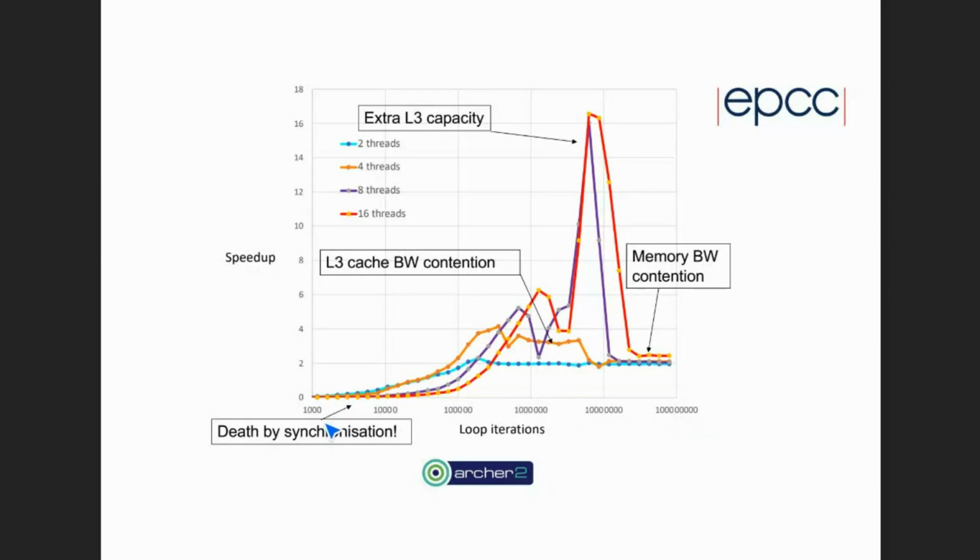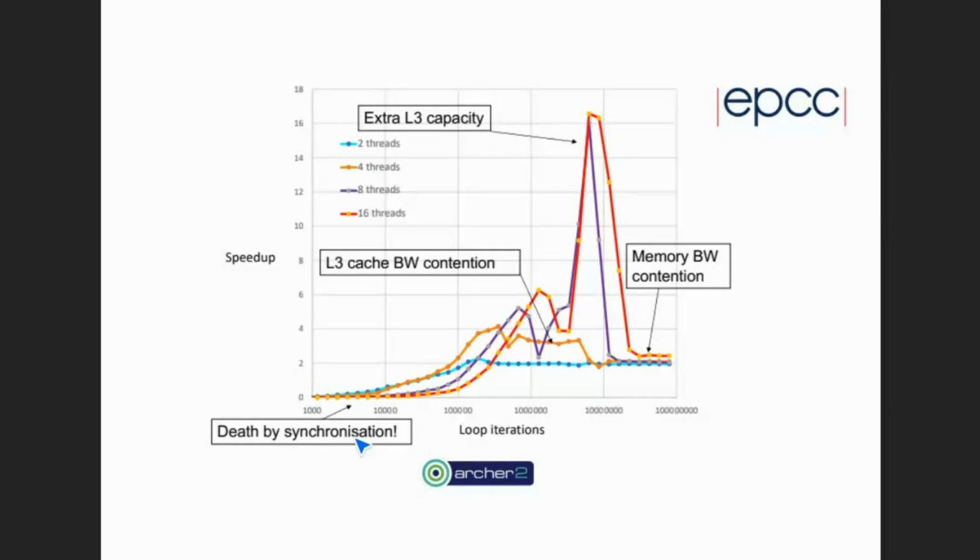So what can we see? Well, if our loop is not big enough, then, remember a speed up of 1 would be equal to the sequential performance. For small loop lengths, the speed up is much, much less than 1. It's a slow down. And what's happening there is basically death by synchronization. The overhead of the barrier at the end of the loop is completely wiping out any benefits of parallelism.